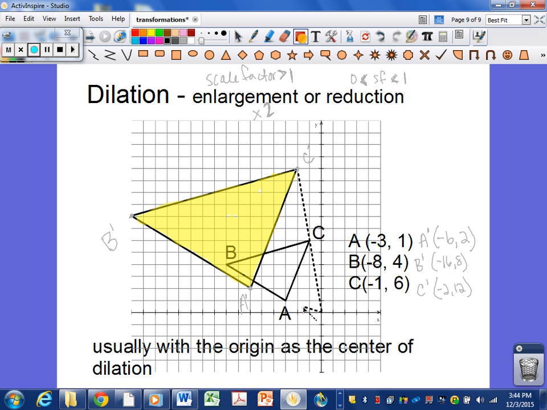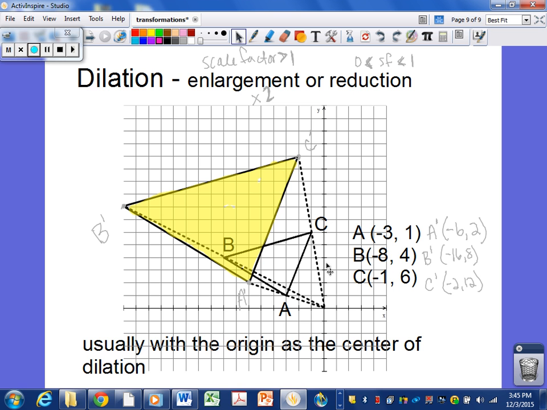So there's C through C prime, here's A through A prime, and here is B through B prime. That way you can always check that your points are actually in line, because from your center of dilation through each of your vertices, they should all line up to make a nice straight line. It looks like an actual little 3D image. It's kind of neato.